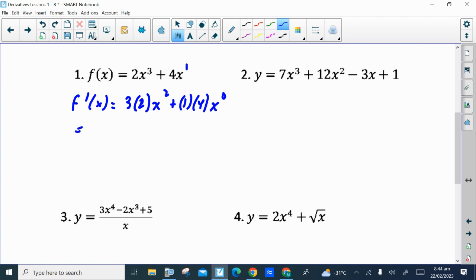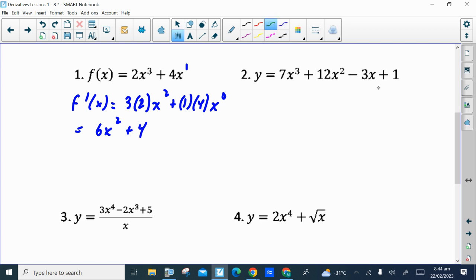Now, you don't have to show this step, just writing it out to make sure you see how it's done. So you're going to have 3 times 2, which is 6x squared plus 4. There's the expression for the derivative. You just do it term by term.